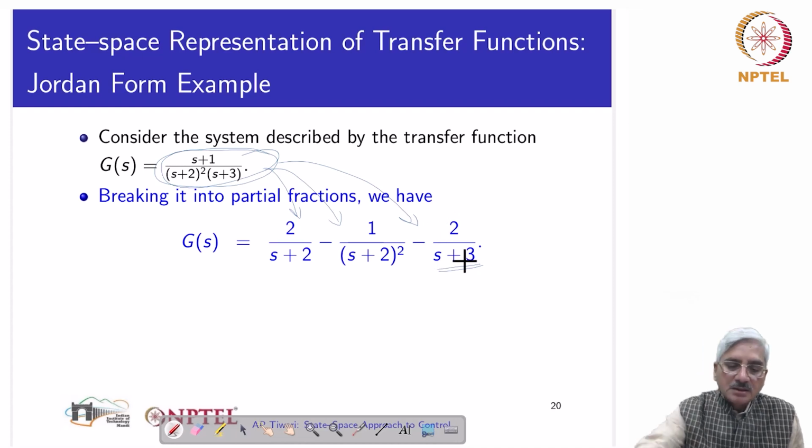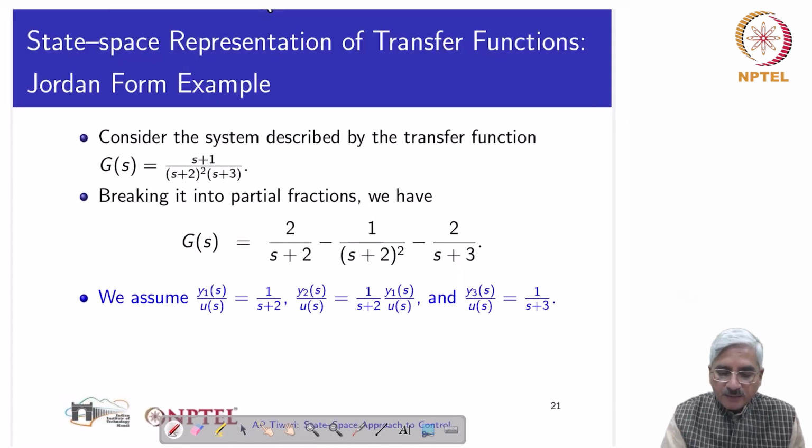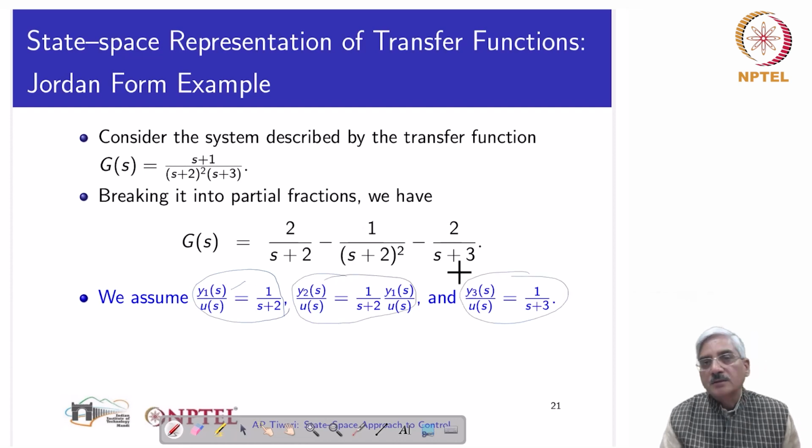So this is the G(s), and now each one of them is represented as output y1, output y2 and output y3. So y is comprised of y1 plus y2 plus y3 like this.